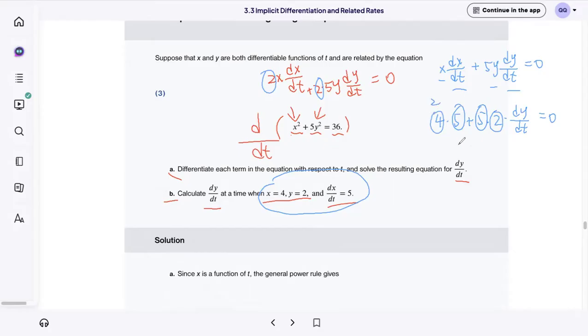So we can simplify this to be 2 plus dy/dt. Then dy/dt, of course, equals -2. Okay. So this is called related rates, right? We see 2 variables related with a third invisible variable, and oftentimes it is the time variable.